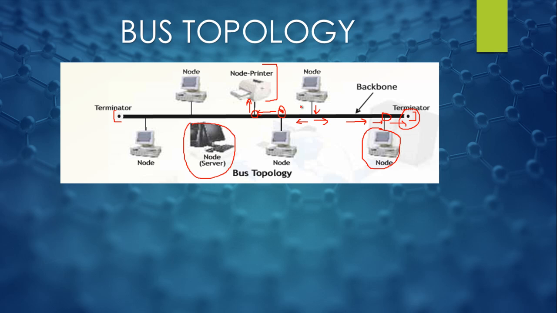Why? Because one copy moves in this direction to the printer, and the other copy of the signal moves in the other direction, and at the end if there is no terminator, the signal will revert back and again come to this printer. That is the purpose of the terminators fitted at the end of the cable.